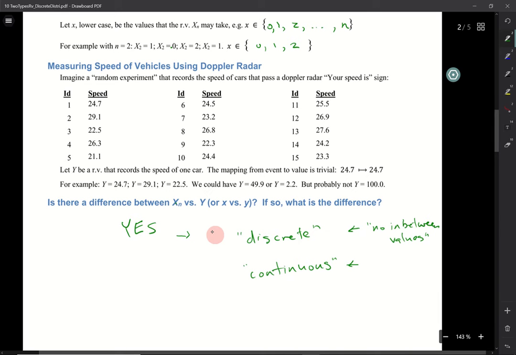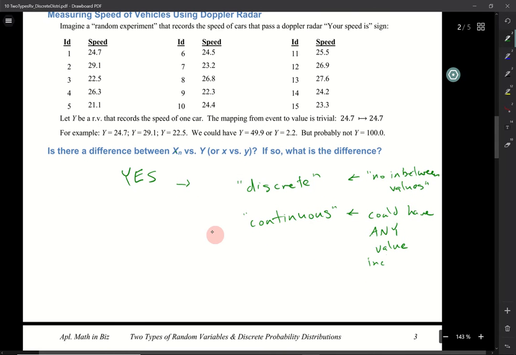And continuous means that you could have any value, including in-betweens between values. So continuous is kind of like water, right? Except if you go to the molecular level, where you might say, well, water really is discrete. But in normal life, we would say that water is continuous because we cannot detect the one water molecule, right? So water we would say is continuous, right?